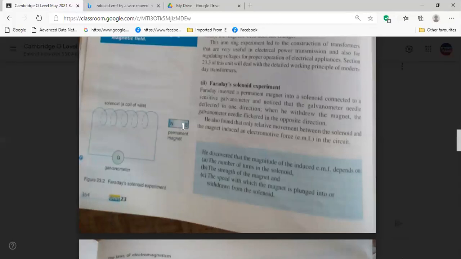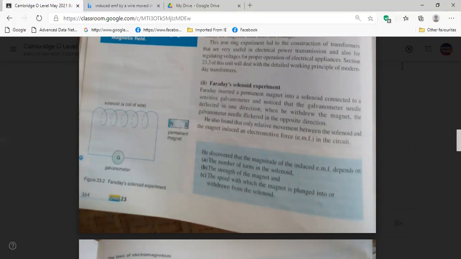Now we are having the magnet moving and the coil fixed. Because of this, we are getting induced EMF. Is it clear? Yes, sir. So we can get induced EMF by moving the magnet or moving the conductor, in both ways.